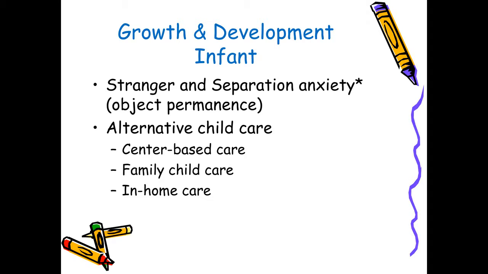So you'll see that they will start to have anxiety about strangers or new people, and also about being separated from their caregiver. Separation anxiety occurs when there's separation from the caregiver. The infant cannot understand that the person will return. Over time, the child will be able to cope with this.